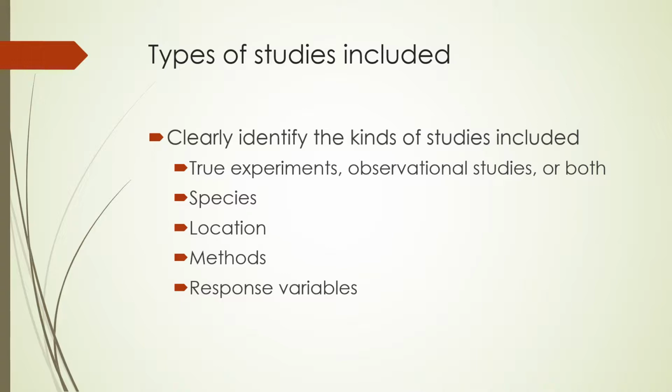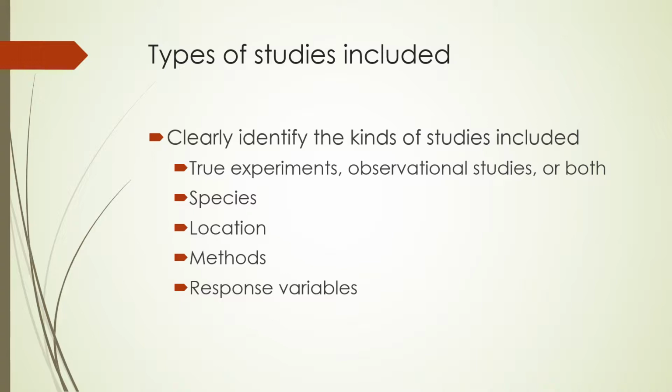So some distinctions that might be made. Are you only going to consider true experiments, manipulative experiments, or only observational studies, or both? Obviously, in our field, if you only include true experiments, that's probably going to greatly reduce the sample size for your meta-analysis. But again, just be explicit about that.